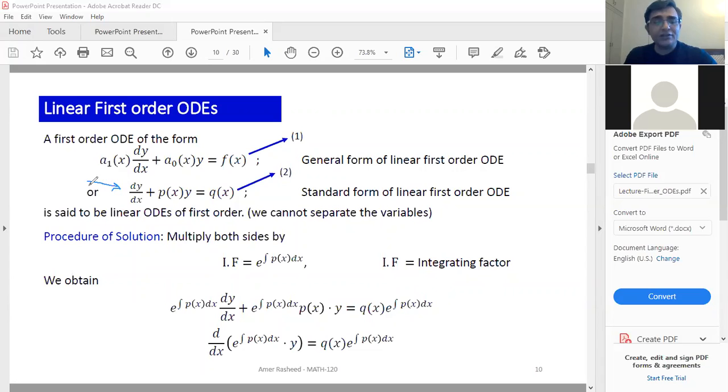Now, what is the purpose of the integrating factor? We find the integrating factor and multiply it on both sides of this equation, on this side and on this side.